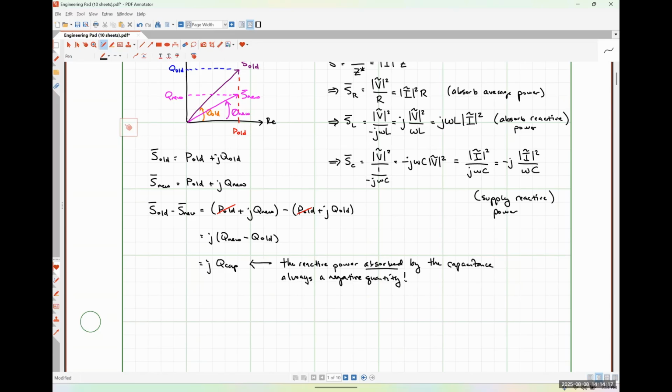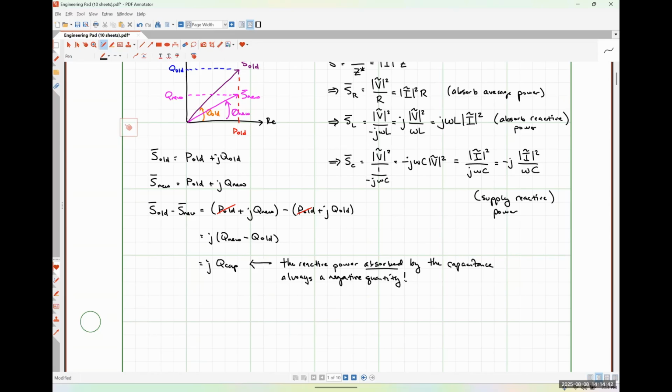Okay. So essentially, if we were trying to hit some target power factor, we would need to know how many VARs we need to inject or supply to the system. And then we need to be able to choose a capacitor that is going to provide that specific amount of VARs for us to hit our target. Okay.